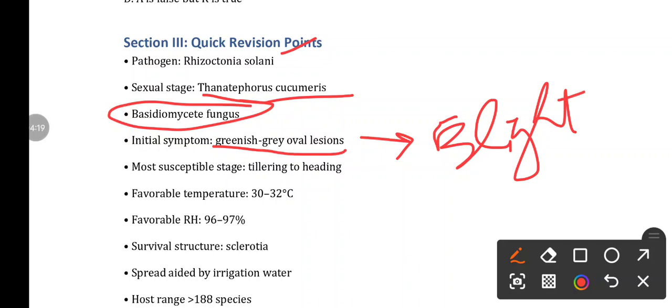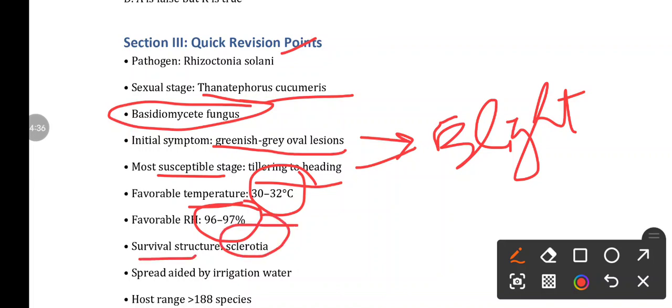Okay. Next, susceptible stage is tillering to heading stage. Favorable temperature is 30 to 32 degrees Celsius with high relative humidity of 96 to 97%. So it requires high temperature as well as high humidity. The survival structure is sclerotia, which spread by irrigation water causing the secondary spread.